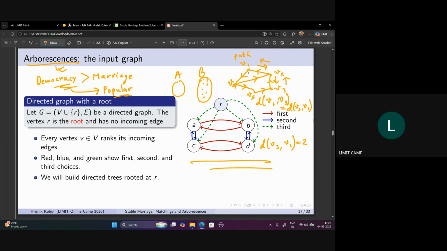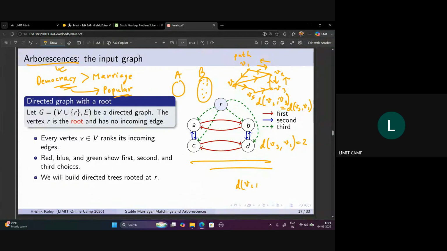But coming from V1 to V3, you can't take this path again. You can't go from V1 to V2, then V2 to V3, because there's no edge in that direction. The only way is V1 to V4, then V5, and then V3.